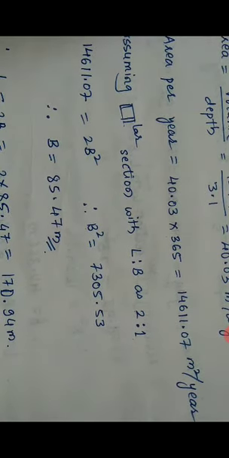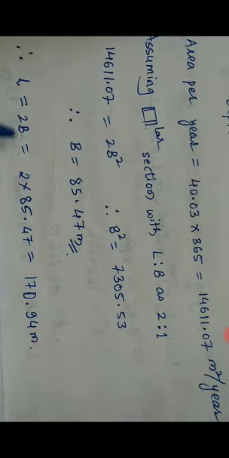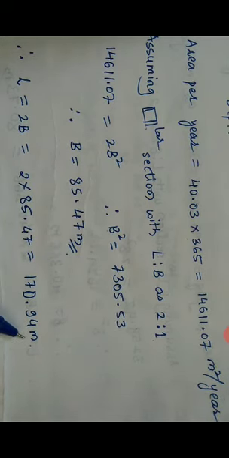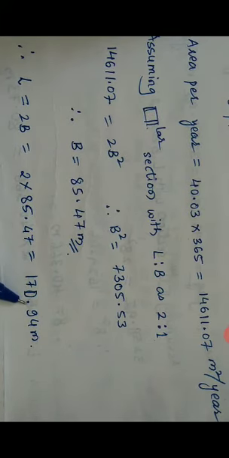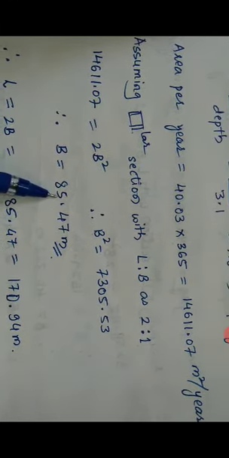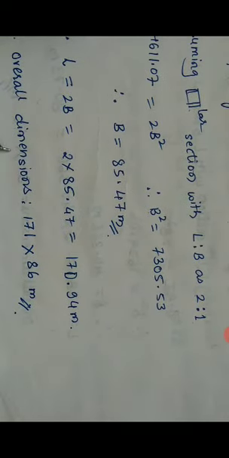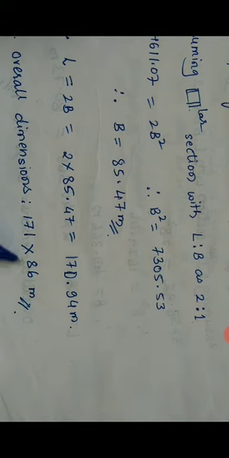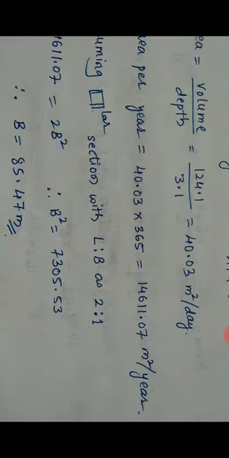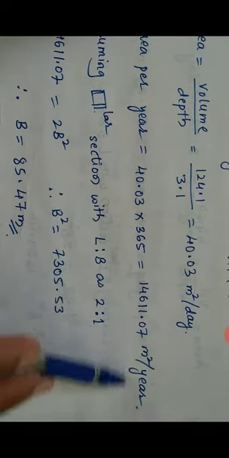Then the square root of this will give you the value of B, which is 85.47 meters. Now you can find L. L is 2B, so 85.47 times 2 is 170.94. So it is approximately 171, and this is 85. The overall dimensions we need are 171 by 86 meter. So these are the required dimensions, and this is the area required per year.